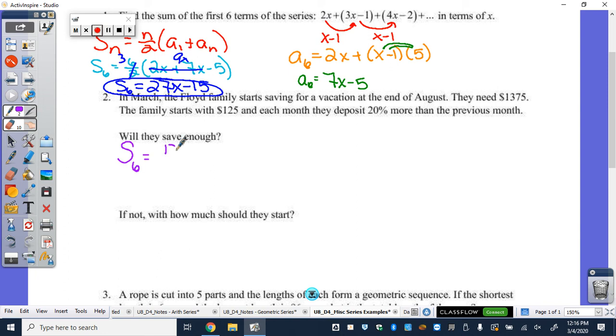So geometric tells us it's the first term times 1 minus r to the n. r would be 1.2 because they're depositing 20% more. That's 1.2.